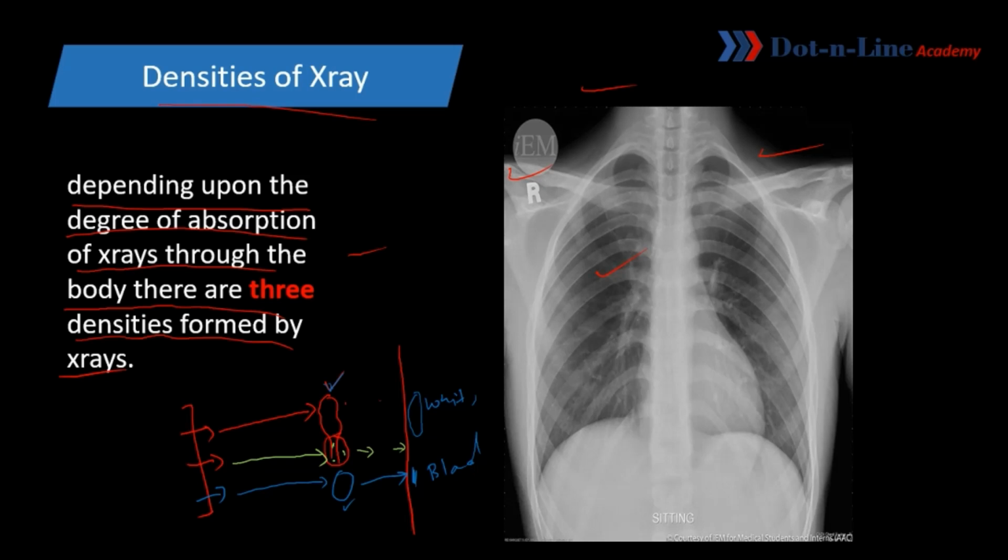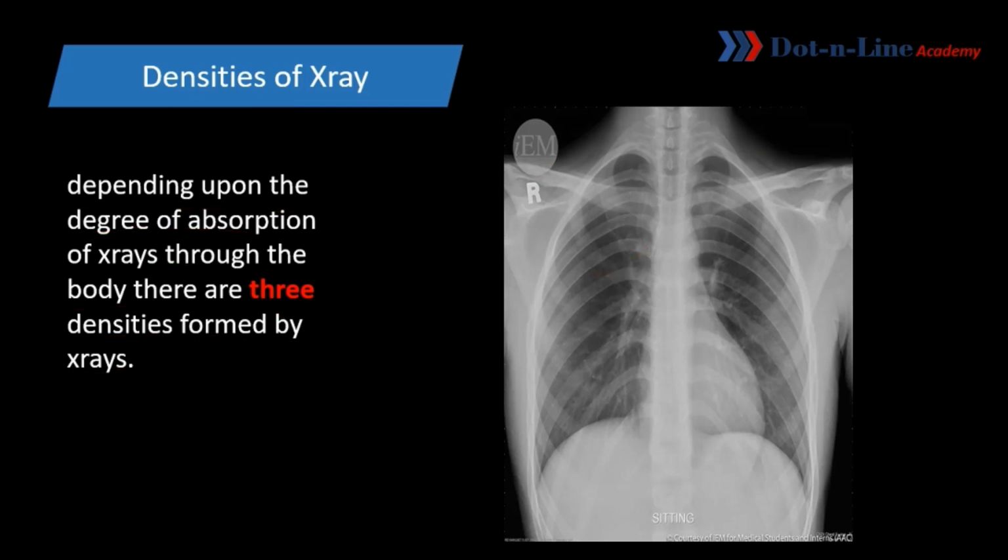So just to understand it very clearly, there are three densities, and the color of those densities will be black, gray and white. Black and white and all the colors between, the shades of gray.